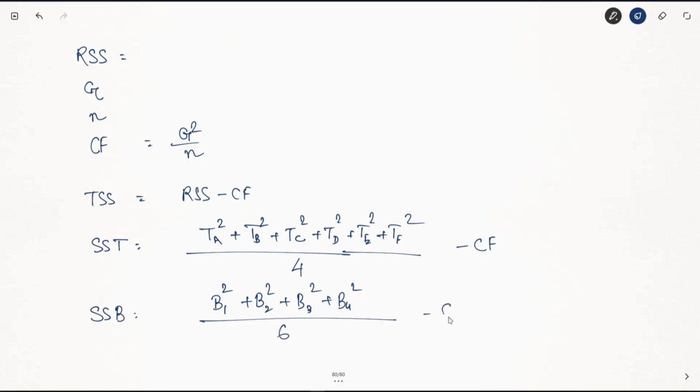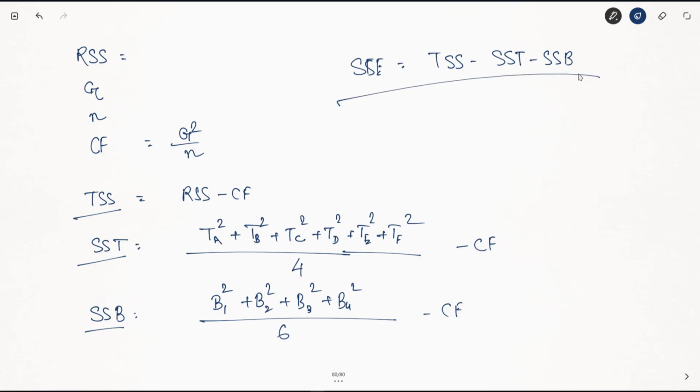So this is divided by 6 minus CF, that is sum of square due to blocks. So we got sum of square due to blocks, sum of square due to treatments. So sum of square due to error will be TSS minus SST minus SSB. That's all we need as far as the calculation is concerned, right?